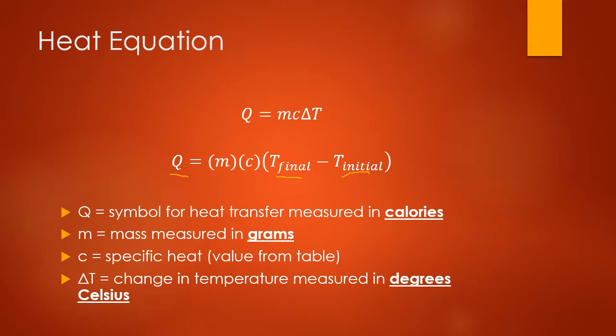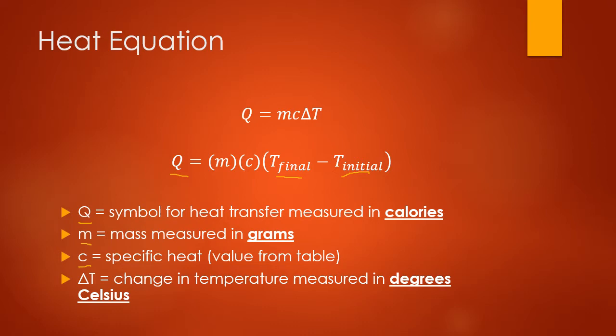So let's look at what these variables mean. Q is the symbol for the heat transfer. It is measured in calories in this course. M is mass, and that needs to be measured in grams for this lab. Next, the C variable is the specific heat, and we'll get that value from the table.